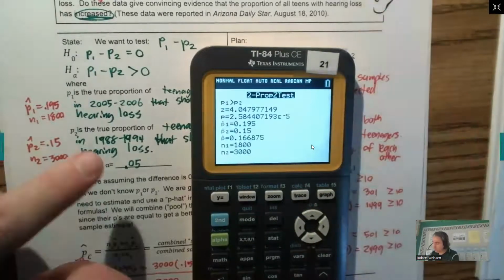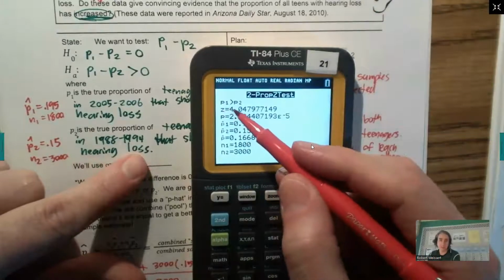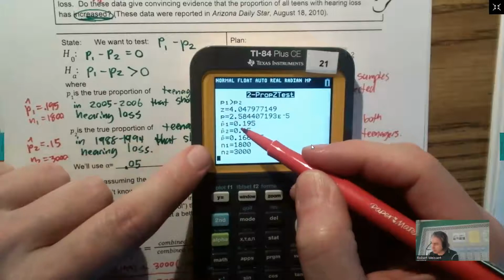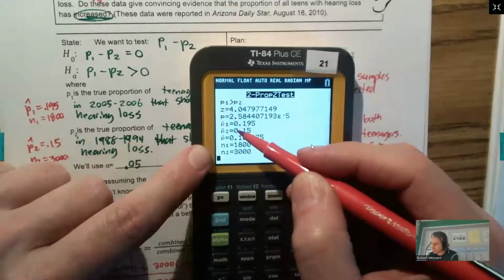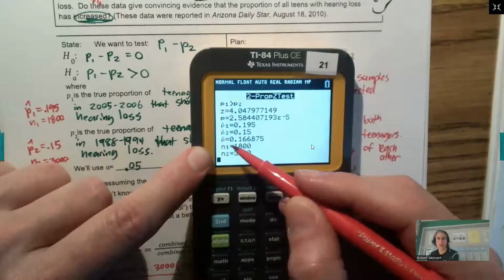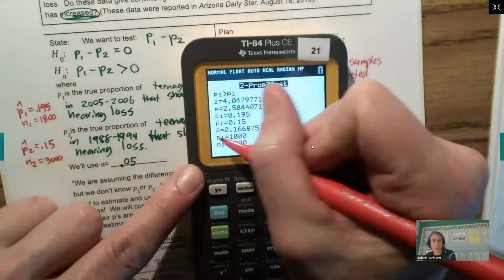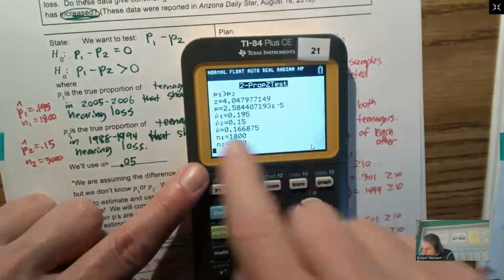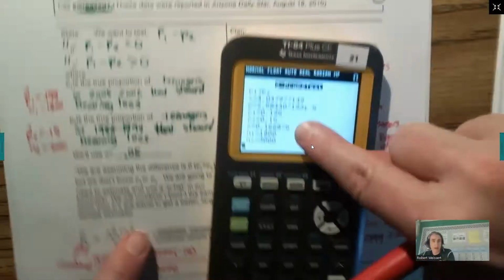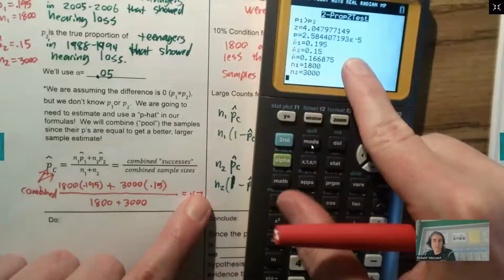One thing you're going to see here is your Z and your P value. You're going to be given your sample proportions. And right here, it just has P hat. Now, P hat is your PC. That right there is your pooled proportion. That number is the same as what we calculated here.